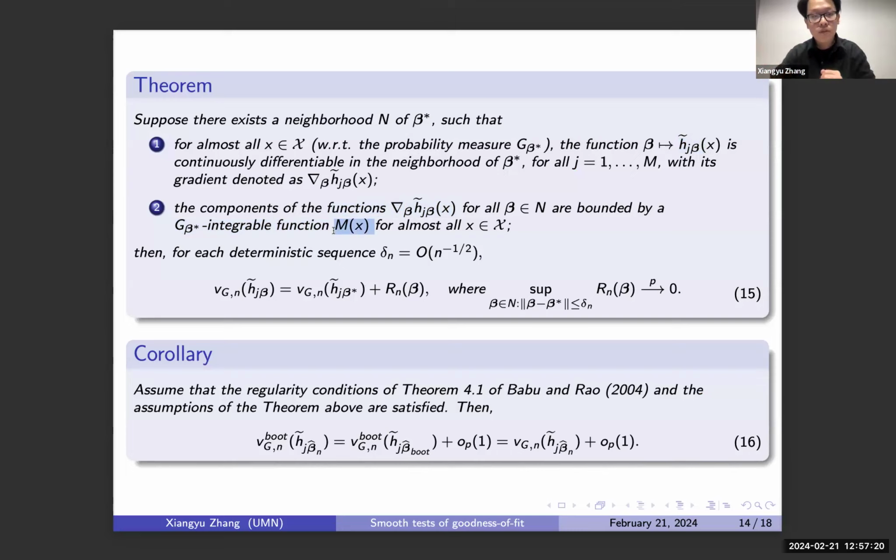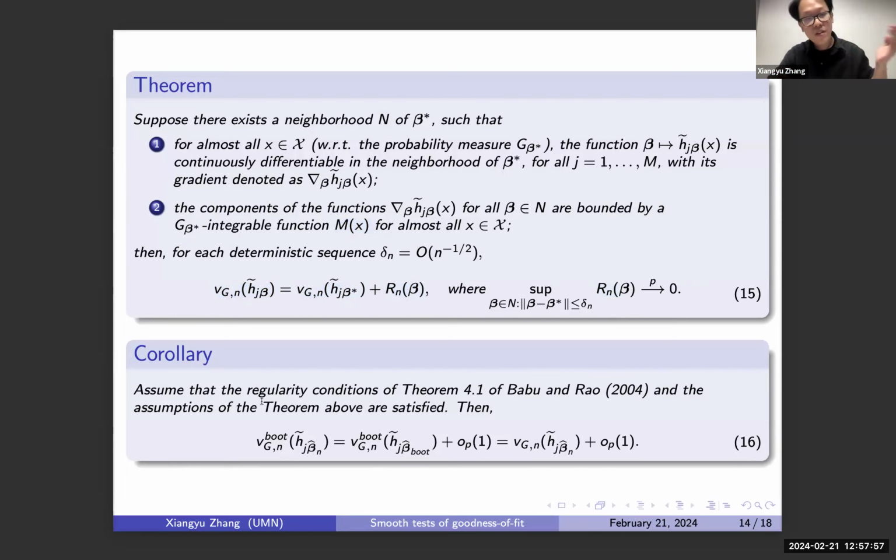Then our result proves that for any root n estimator, it doesn't have to be the MLE, the process based on the bootstrap samples and the process using the original samples differ only by a small error term, and the supremum of this error term converges in probability to 0. So it is consistent.